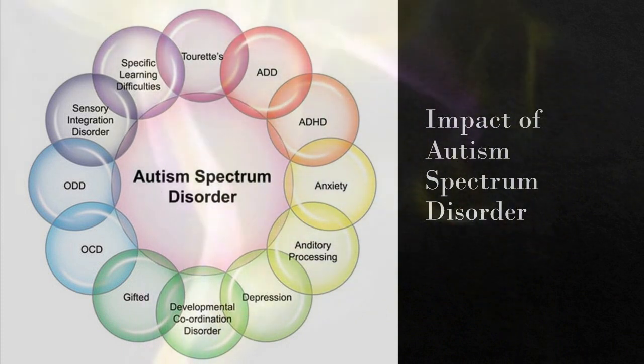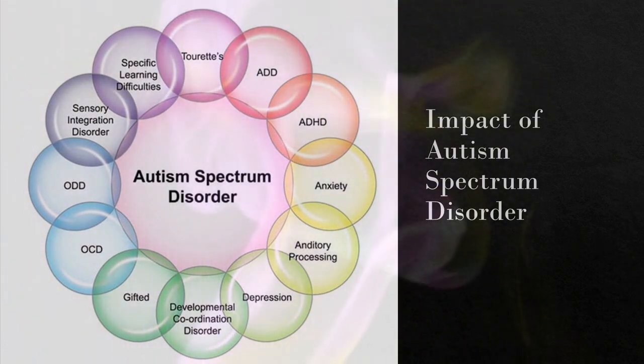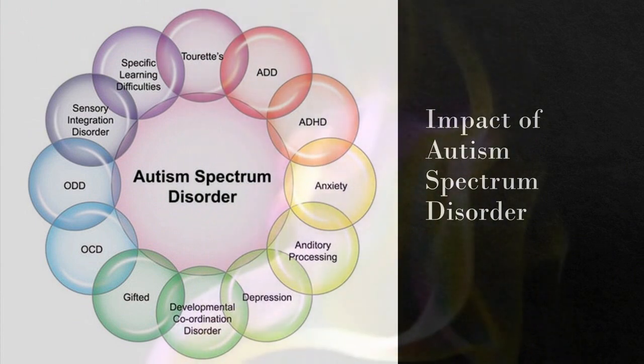And caregivers of children with autism spectrum disorder often face some real emotional and psychological challenges. They struggle with navigating the complexities of things like healthcare and educational systems, and addressing societal misunderstandings about autism spectrum disorder can really add to the stress that we see here.